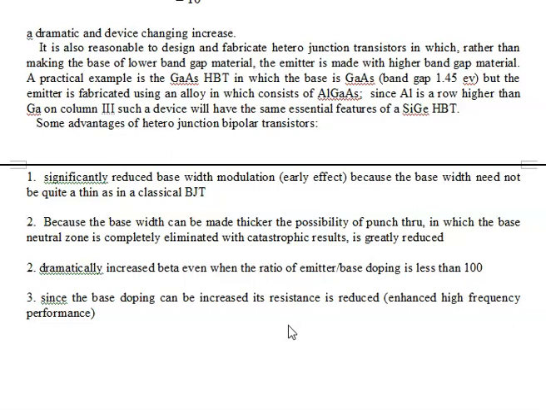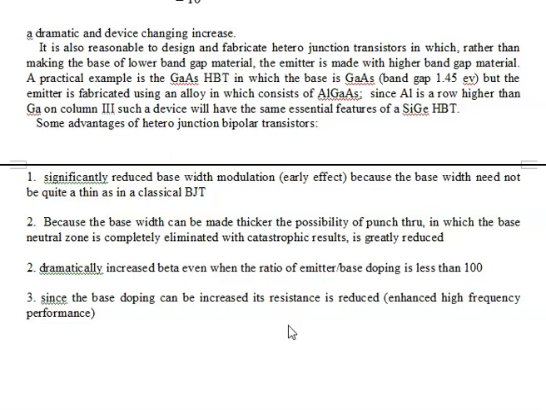Punch through is when we have a reverse bias on the base collector junction, which is so big that the depletion region in the base extends right over to the depletion region in the emitter base junction. So the neutral base essentially disappears.